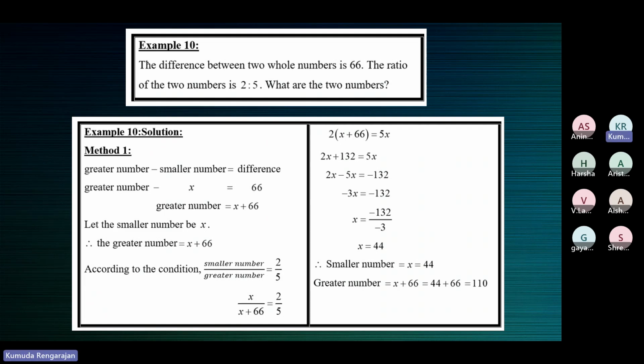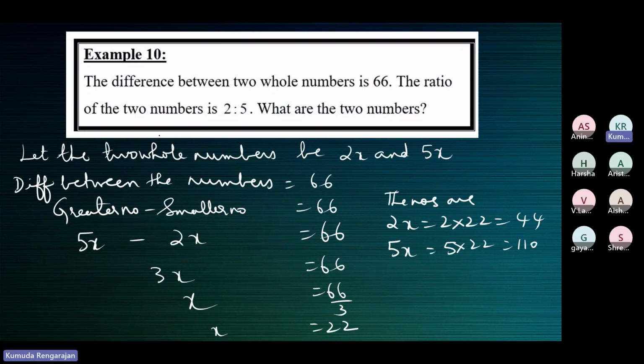So here what we have done is we have used this part of the information for assumption, and this one for constructing the equation. The ratio 2:5, we've used that for assumption. Let the numbers be 2x and 5x. And the equation we have constructed using the difference is 66.